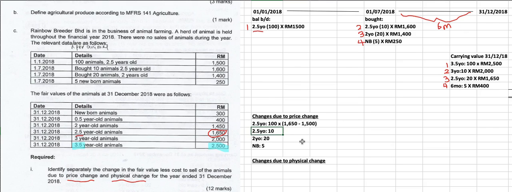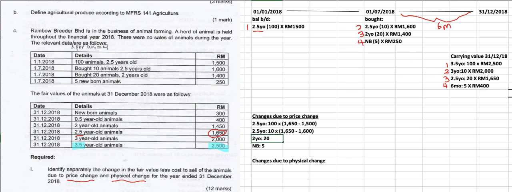Next one for 2.5 years old here, same 31st December, 2.5 is 1,650 minus the price on the acquisition date, 1,600. Okay, you get that?